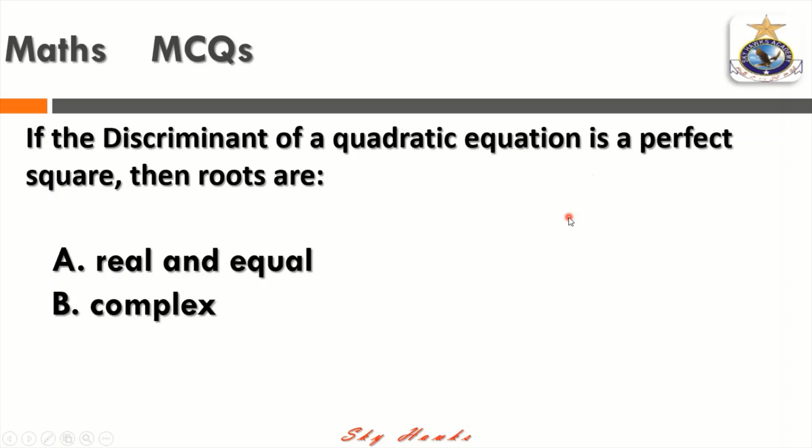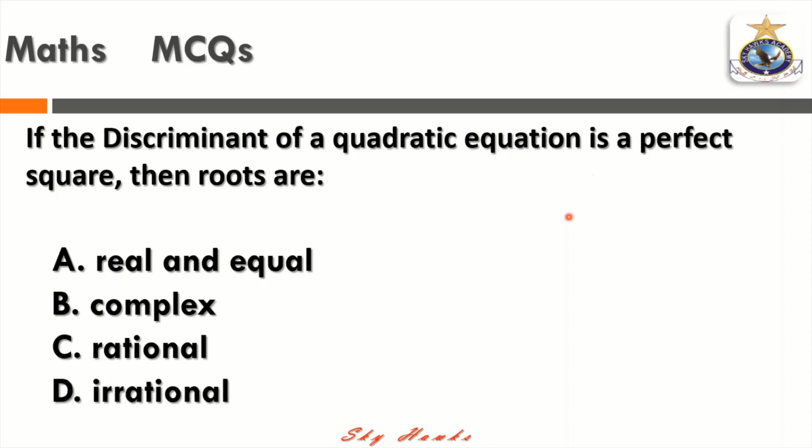Next is complex, and next is rational, irrational. So your choice is real and equal.